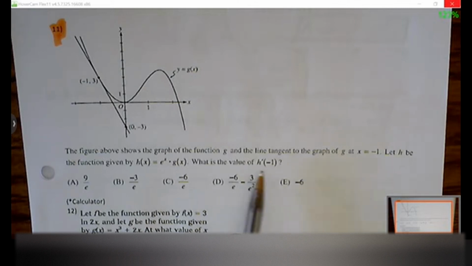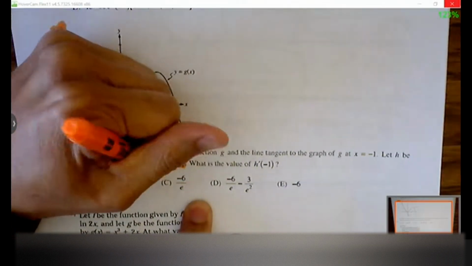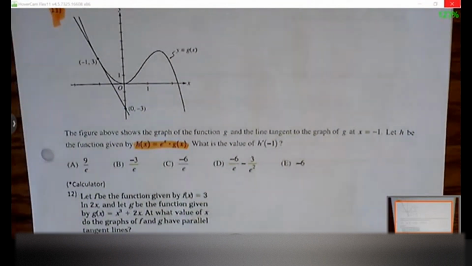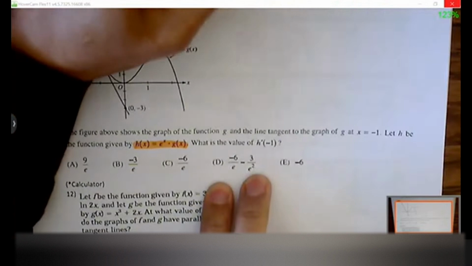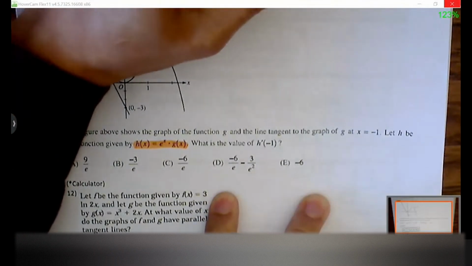So we want to find h prime of -1 from this h of x equation that's given to us. Before we can find h prime of -1, we first have to find h prime of x. So let's see what we can do to find the derivative.